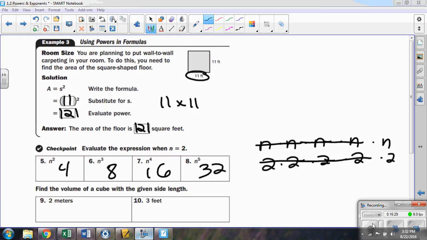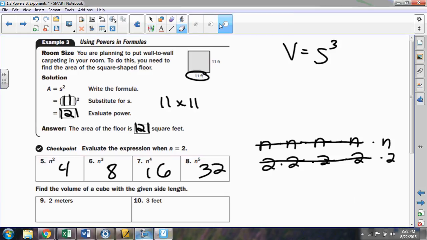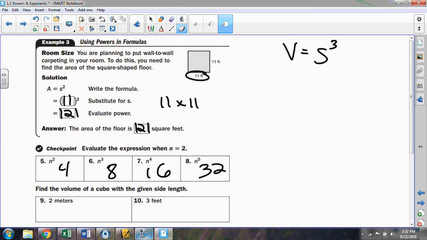Find the volume of a cube with a given side length. So we know volume is equal to side length cubed. If we are given a side length of 2 meters, that tells us volume equals 2 cubed. And what's 2 cubed? That's 8.